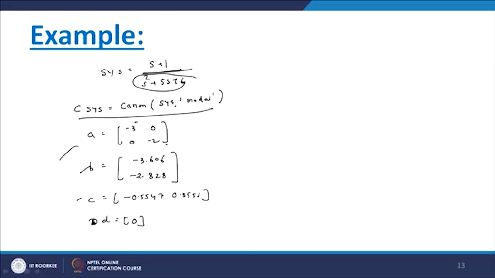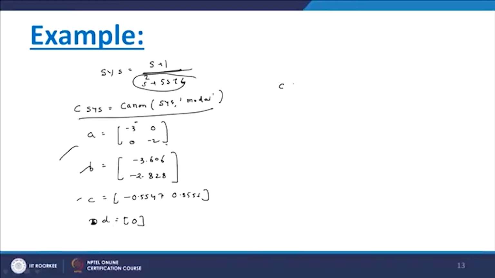Now, we want this system in a companion form. The command we can use is CSYS equals canon(SYS, 'companion').